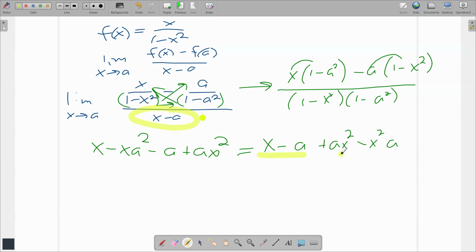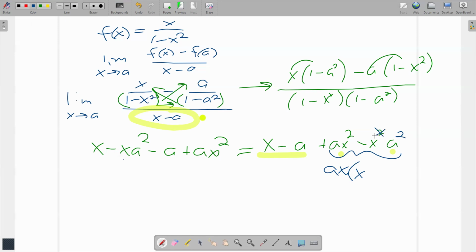Is there anything I can do with this here? Can't we factor an ax out of that? Yeah. What's left if we do that? If I factor out an ax from this part here, I'm going to get an x. Oh, wait, I wrote something down wrong. This should be an xa squared.